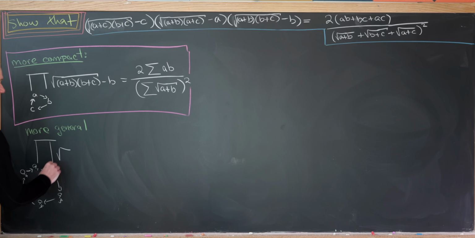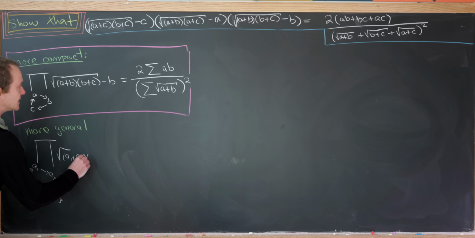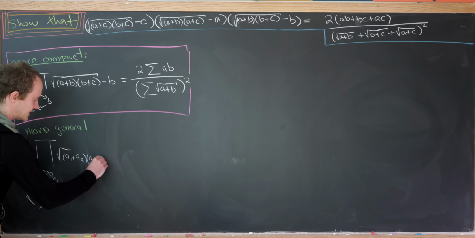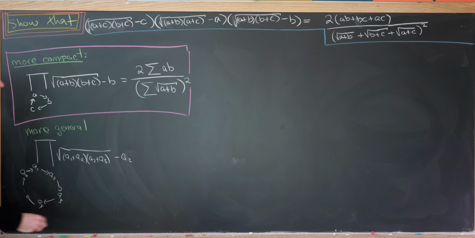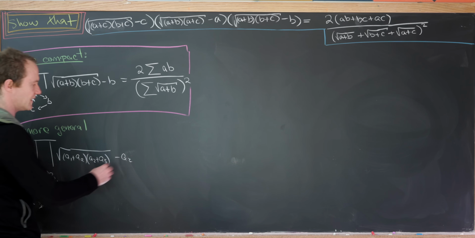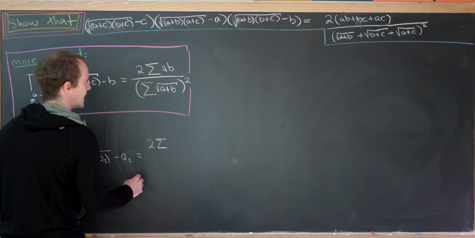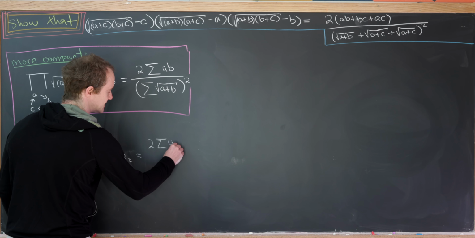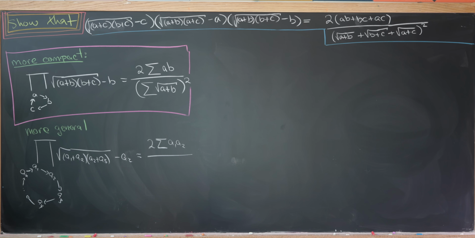And then we'll have the square root of a1 plus a2 times a2 plus a3, and then minus a2. Then over here on the right-hand side, we'll have 2 times the sum of a1a2, taking that cyclic permutation there.